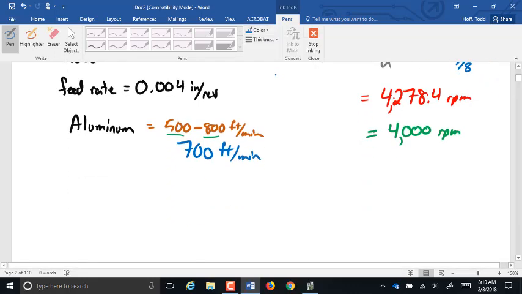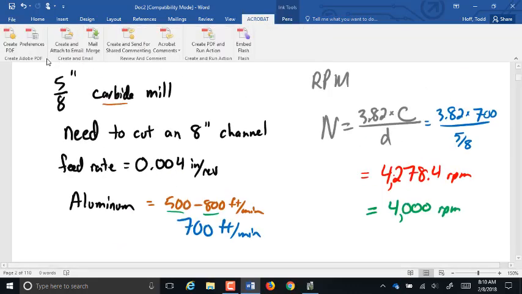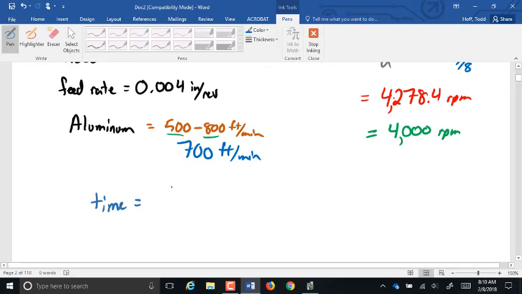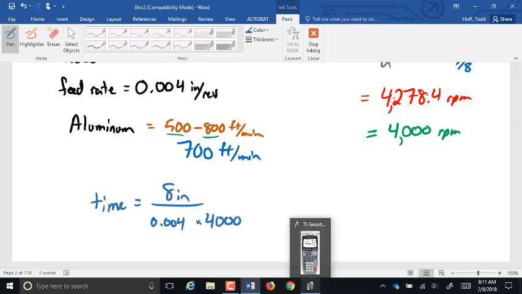So now we're going to look at our advancement speed. Actually, you know what? Let's just do this. We're going to do our cutting time. Our length of the cut was 8 inches, correct? 8 inches. We're going to divide that by our speed, which is the 0.004, the 4 thousandths inches per revolution, times the 4,000 revolutions per minute.